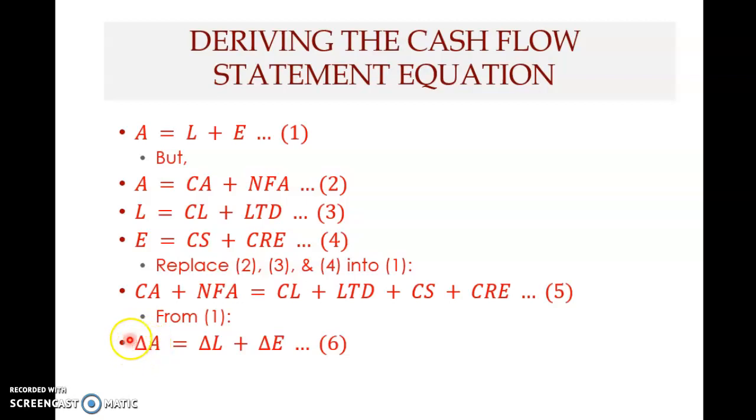It is reflected as change in assets. If the level of assets must be equal to the level of liabilities plus the level of equity, then the change in assets must be equal to the change in liabilities plus the change in equity. If this is true, this must be true. So you need to see the logic behind this.